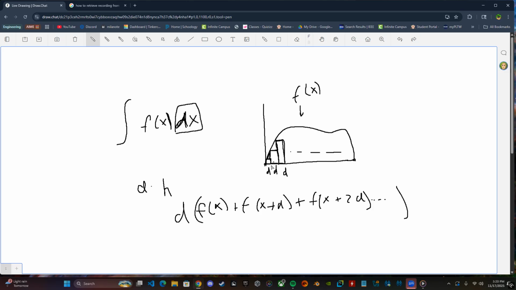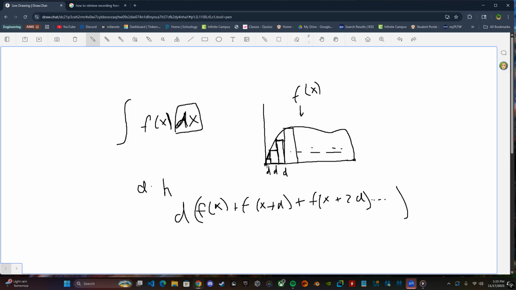So let's say the length of the rectangle is d, and then the height is some point on the curve. If you keep making rectangles, another rectangle here, and so on, and you cover the entire thing, you're going to end up getting a pretty good approximation of the area under the curve.